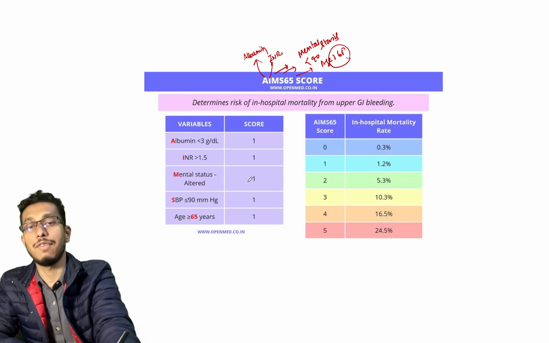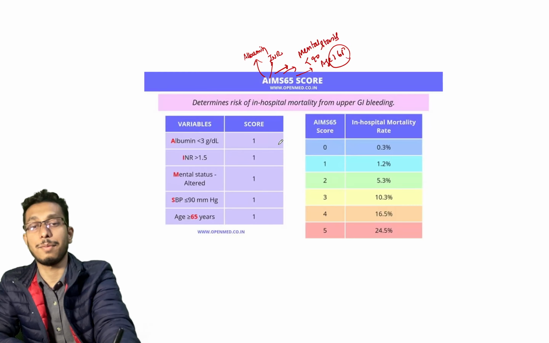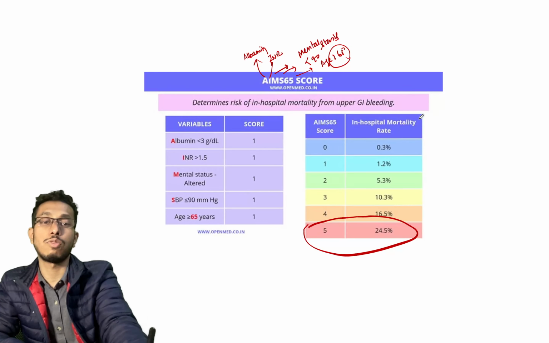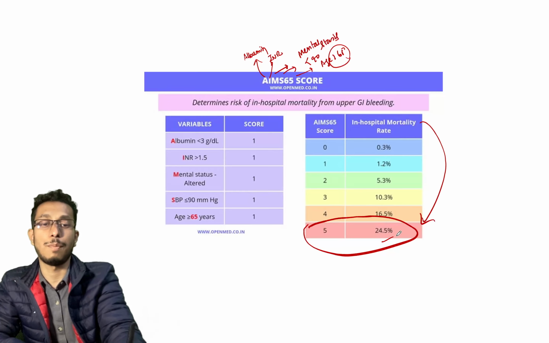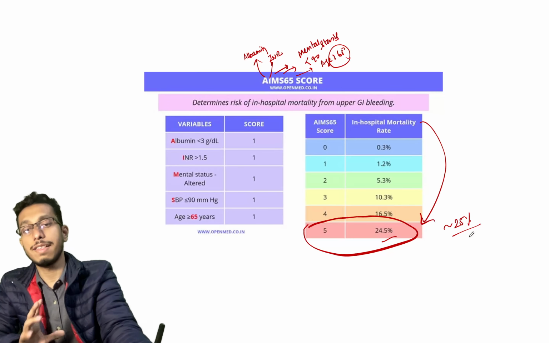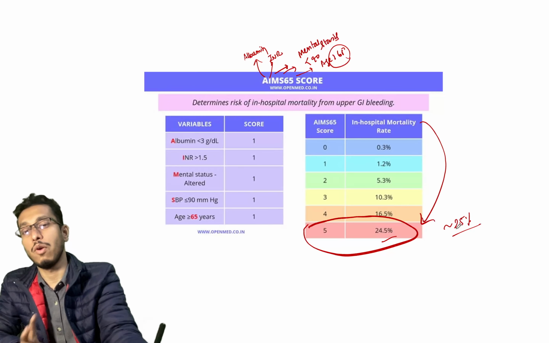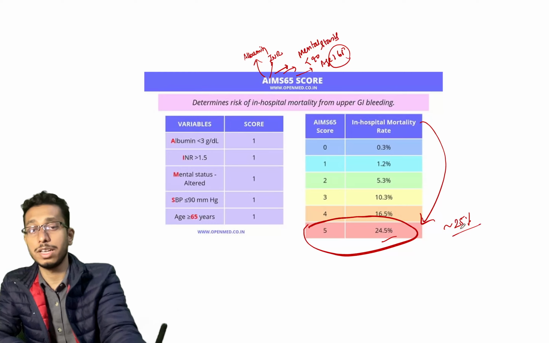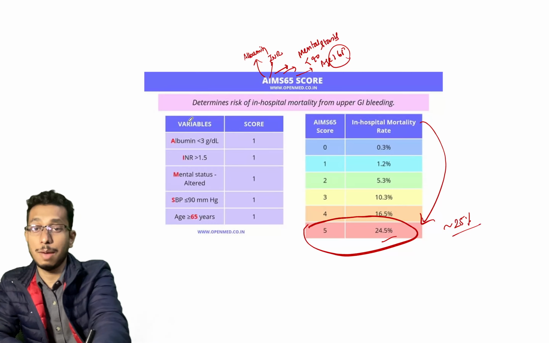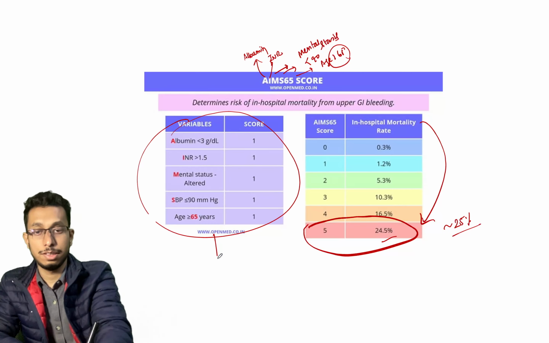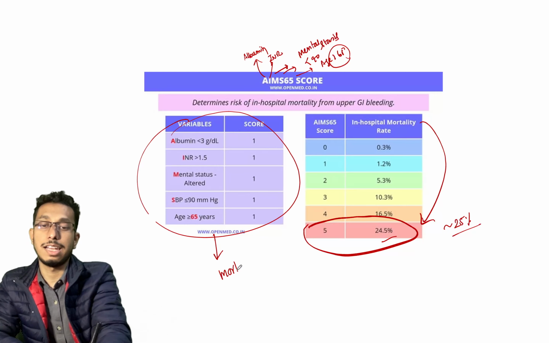If everything gets 1 point each, you will find a total score of 5. That is an in-hospital mortality rate of around 25%. What does it mean? If an elderly person comes in with low BP, altered mental status, raised INR and low albumin, and presents with upper GI bleed, mortality is significantly high.